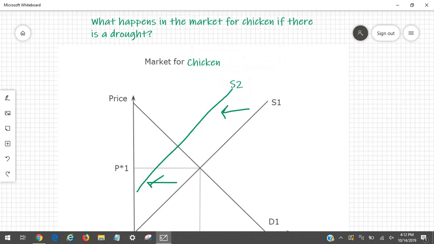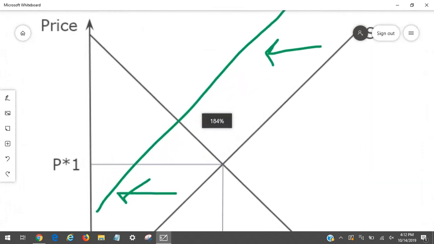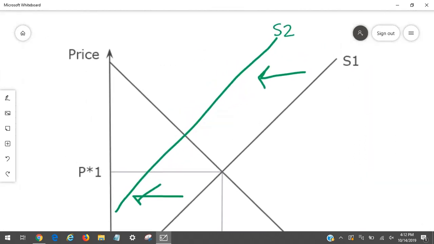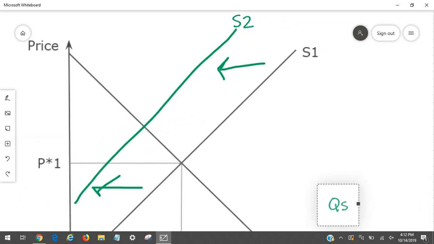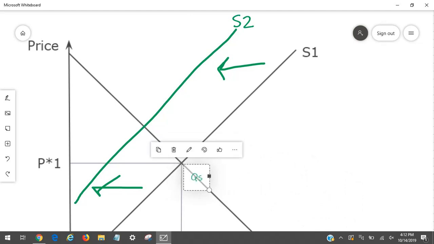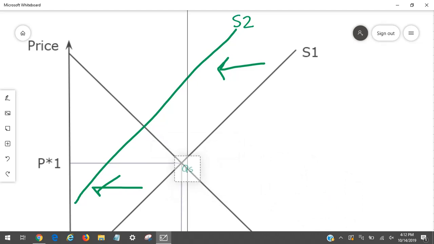Okay, so let's talk about whether that shift causes a shortage or a surplus in this market. Well, my quantity supplied was over here at equilibrium, but when my supply curve shifted to the left, so did my quantity supplied. So it's now over there at the original equilibrium price.